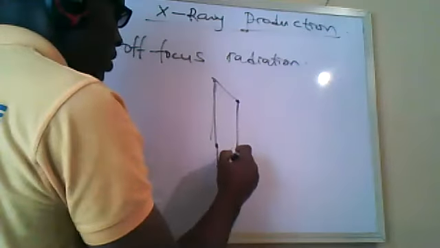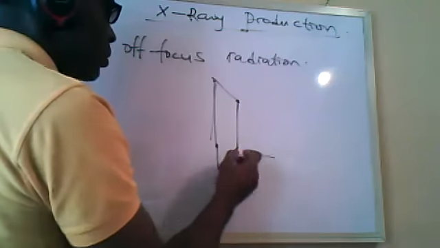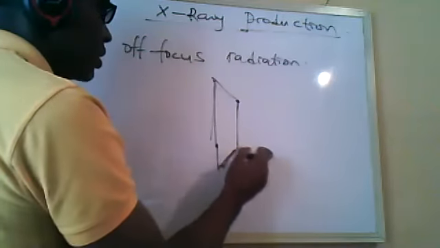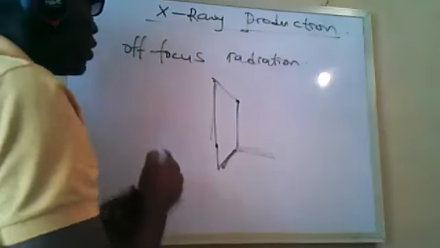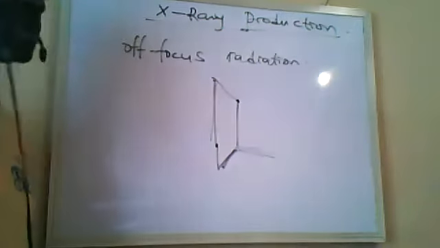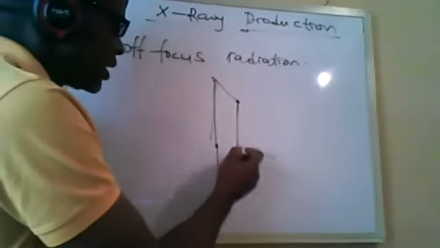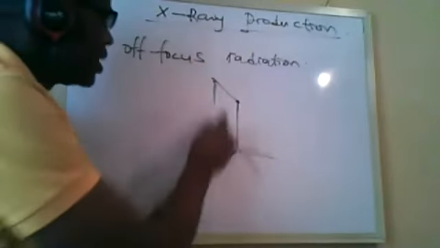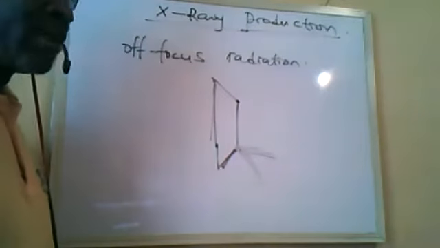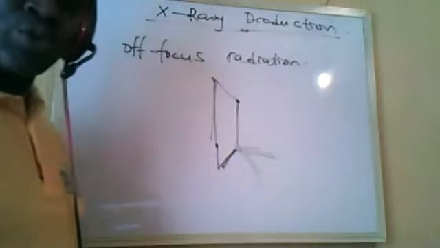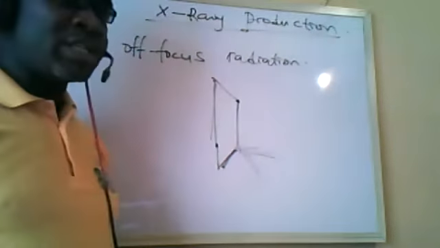Let's say we have this area to be a focal spot, and you have electrons coming and striking this area beyond the focal spot. It's going to give rise to X-ray beams that will be scattered somewhere around in this area. So these are X-rays that constitute the off-focus radiation, and they are not so good for the purposes of radiography. So it has to be reduced as much as possible.